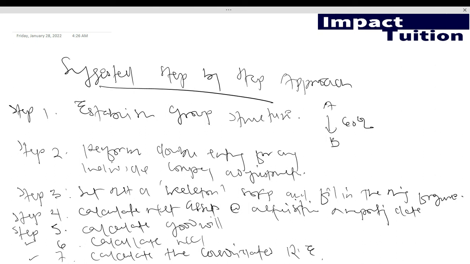In our next video, we will start with worked examples on each of these and how to bring all of them together to prepare the consolidated statement of financial position.